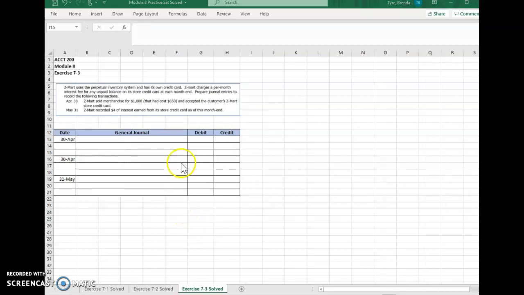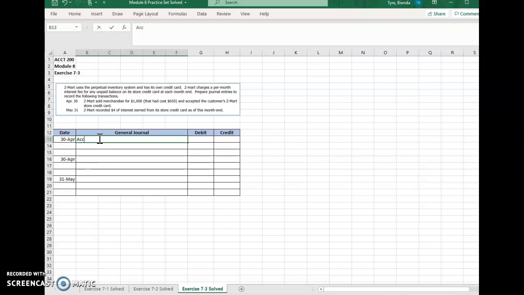In exercise 7.3, we will record the transactions for a store credit card. So this is the store's own credit card. They're not being charged a fee by the bank. Here we have Zmart selling merchandise for $1,000, and they accepted their own card.